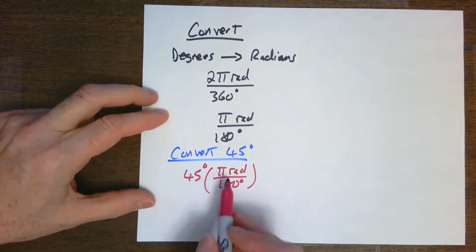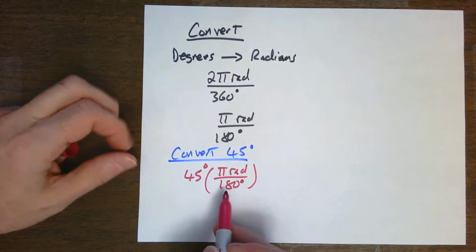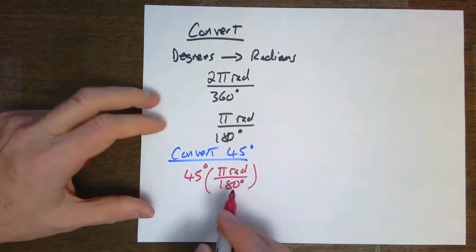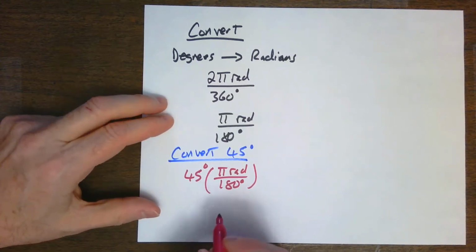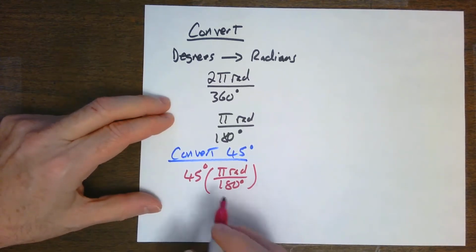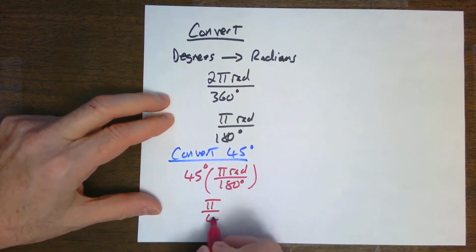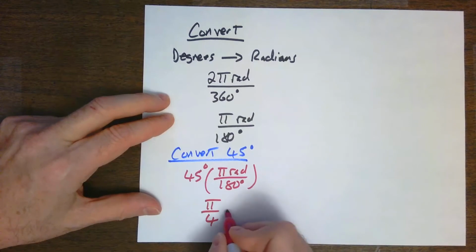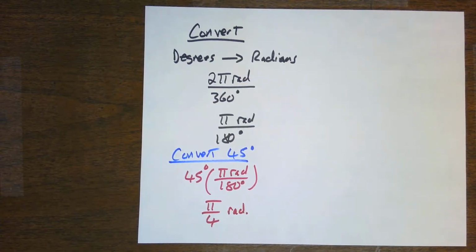And then 45 over 180, how many times does 45 go into 180? Let's see, 1, 2, 3, 4 times. So 45 degrees would be pi over 4. And then if I want to be formal, just put RAD for radians.